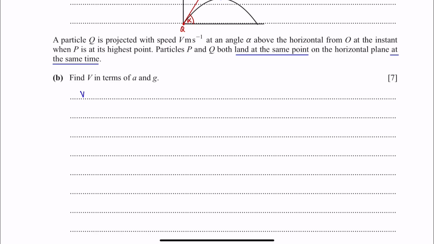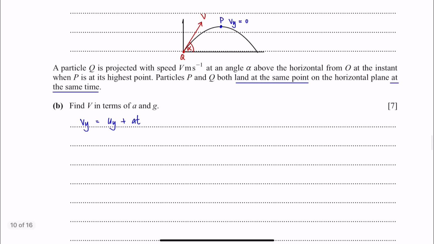So we can use the equation v equals u plus at. When P is at its highest, vy would be 0, and uy is u sine theta.